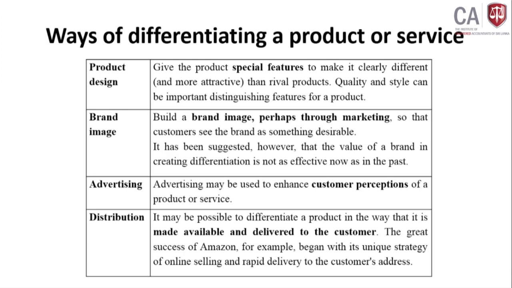You create a brand image perhaps through marketing, so then customers are willing to buy the product of that particular brand. Another way is advertising, or another way is distribution. Differentiation can be ensured in the distribution.